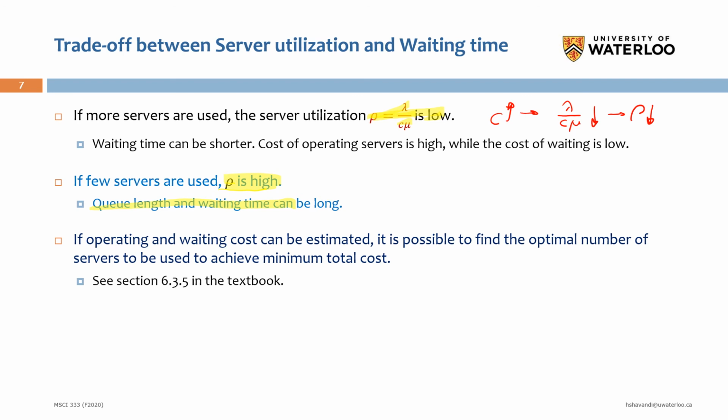That's the question, and we can obtain the optimal number of servers if we have parameters like the cost of a server, the cost of waiting time for customers, and so on. By having those parameters, we can build an optimization model in order to optimize the number of servers in the system.